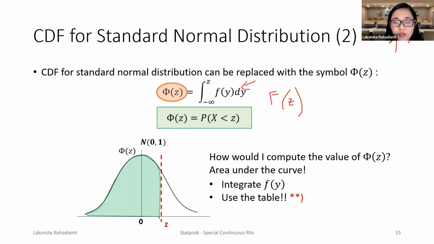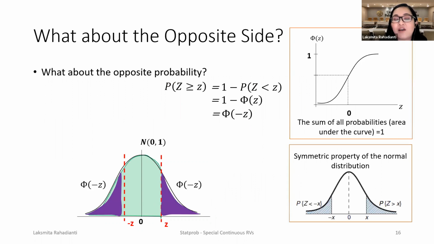So since the normal distribution has some special properties such as symmetry, and also the sum of all probabilities must equal 1, these are the rules that we have learned prior to this class. Then if I were to compute the other side, so not less than up to, but larger than, I can also compute it by using 1 minus the left-hand side, or I could just assume it to be symmetric, and I could compute the probability of it being up until negative z instead.